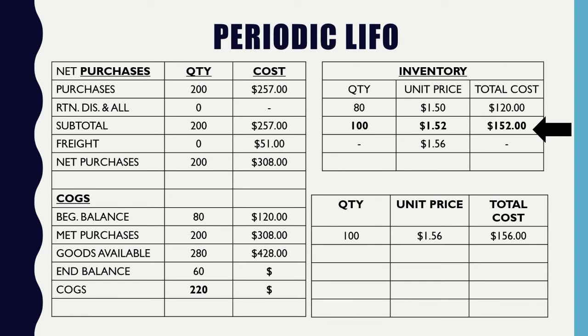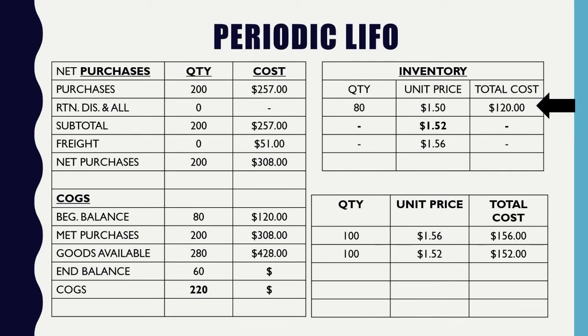I'm going to make my way up. The next batch that I purchased most recently is the 100 items at $1.52. Since we sold a total of 220, we're going to take out that whole batch, and now we're left with just that 80 units.